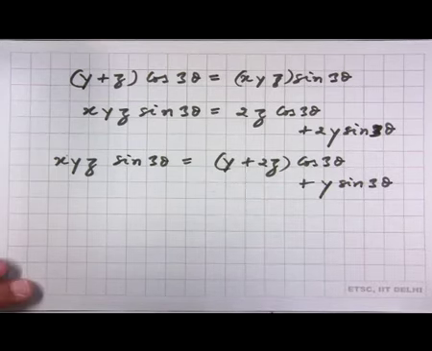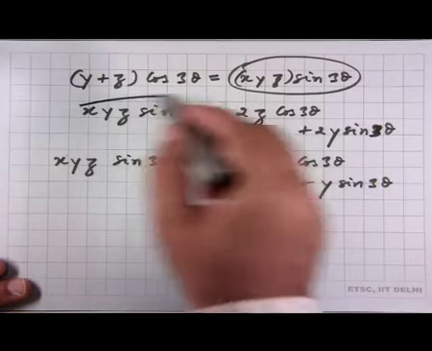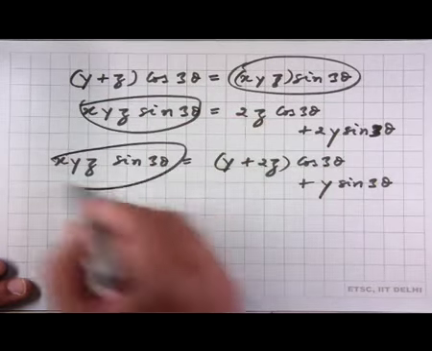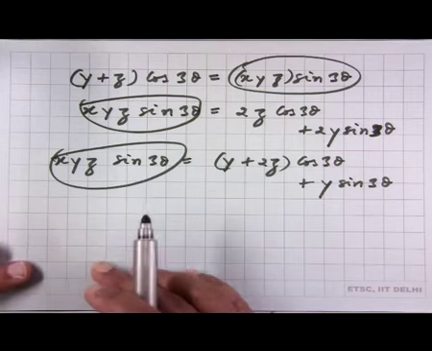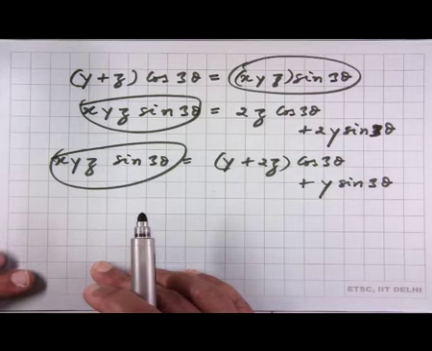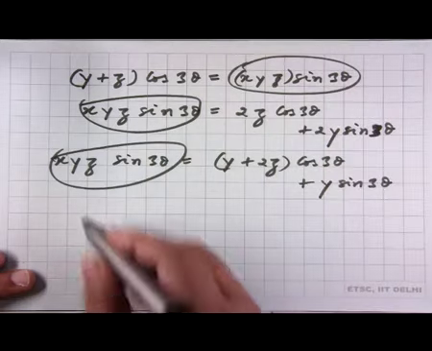So, in all these three equations, what we see is that this is common to all the three equations. So, essentially what we have is two equations, and the two equations are as follows.